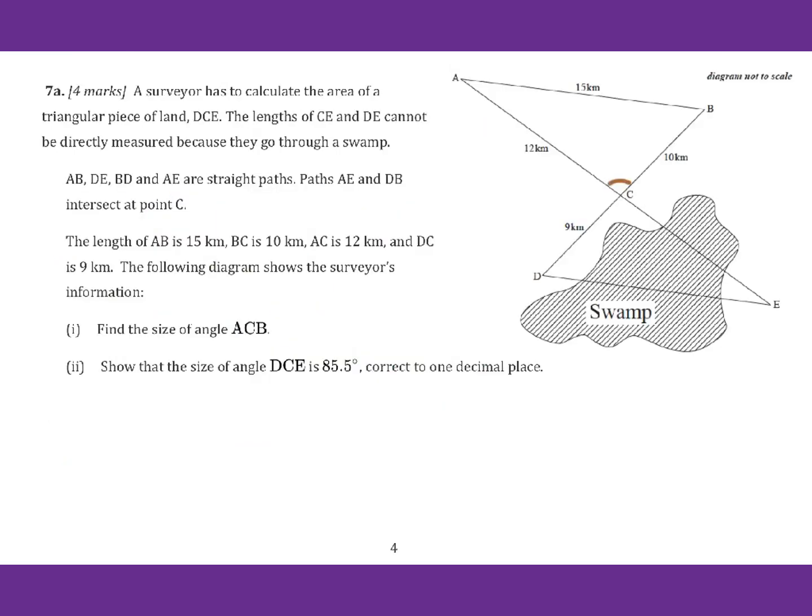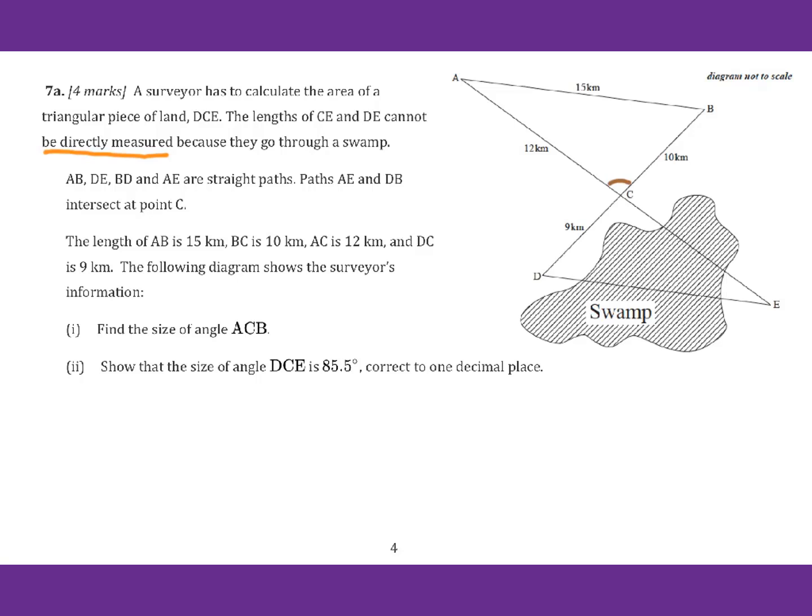Let's go to 7a. A surveyor has to calculate the area of a triangular piece of land DCE. The lengths of CE and DE cannot be directly measured because they go through a swamp. AB, DE, BD, and AE are straight paths.